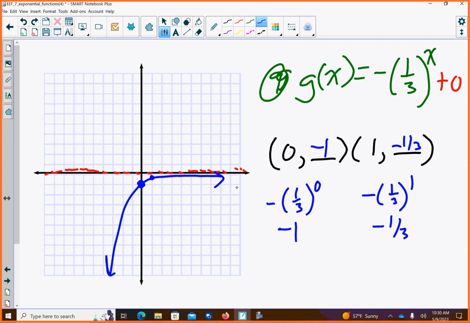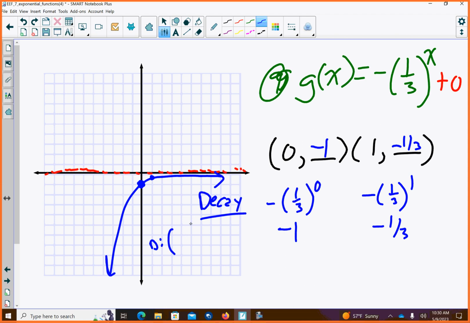Is this growth or decay? It's growth. As I go to the right, it gets really close to the asymptote. So this is, what did we say? Decay. I had that in my head. It's decay. As I go to the right, it gets really close. Hey, what's the domain? It's not growth.